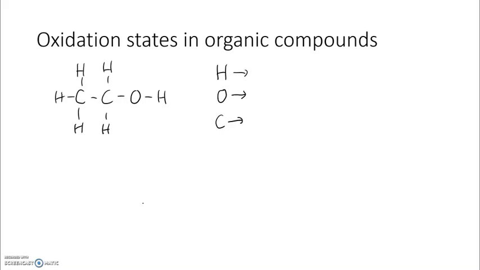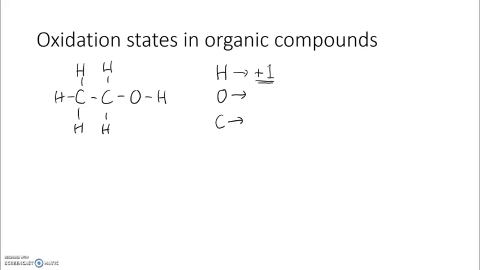Now, you've been introduced to the rules for determining oxidation numbers previously, so we can apply that within this case straight away. Hydrogen within the molecule of ethanol here, as our example, is the least electronegative, and so in each of its bonds, we're going to consider it losing its single electron to whatever else it's bonded to, and therefore hydrogen in every case is going to have a +1 oxidation state.